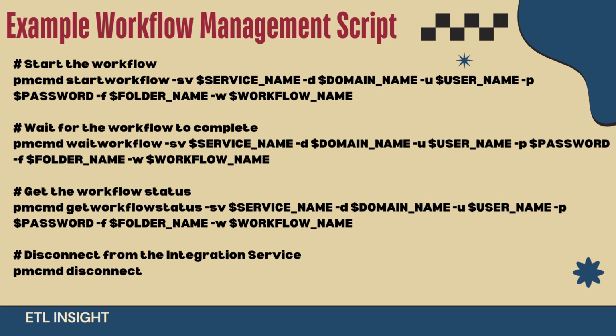After it's completed, we gather the status, whether it succeeded, failed, stopped, or aborted, and then we disconnect from the integration service. This is a complete script which you can use in Unix to start a workflow and get its status.